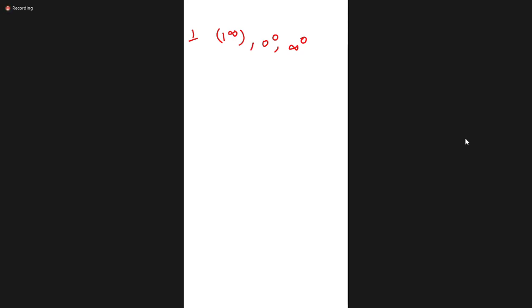In these questions, if x tends to some number, they will give it, and if you directly substitute in the function, you will get any one of these forms. One form, one method. Majorly they concentrate on 1 power infinity only. In JEE Mains, generally they are asking questions based on 1 power infinity only.